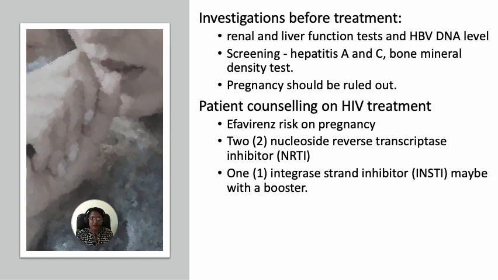I have efavirenz, which is an NNRTI, and then there's a note for risk in pregnancy. This is to remind us that she's of childbearing age, and once pregnancy is ruled out, efavirenz, an NNRTI, is actually one of the more preferred NNRTIs in pregnancy and for children, for PrEP, for a lot of things.